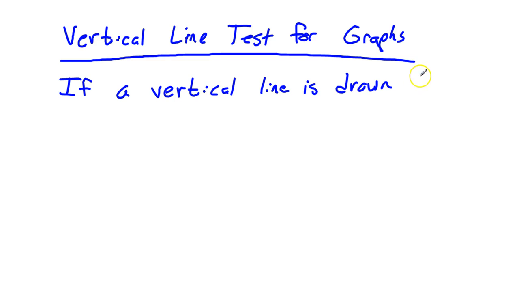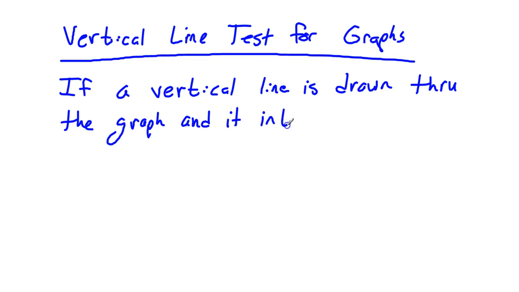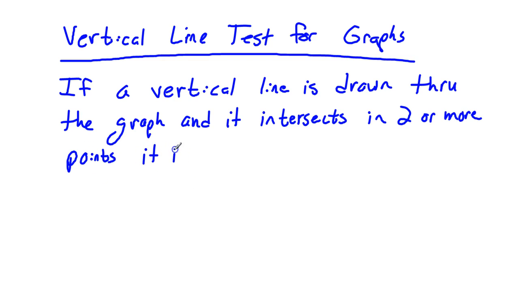If a vertical line is drawn through the graph and it intersects in 2 or more points, it is not a function. So we'll kind of use that definition like we did on the other part.